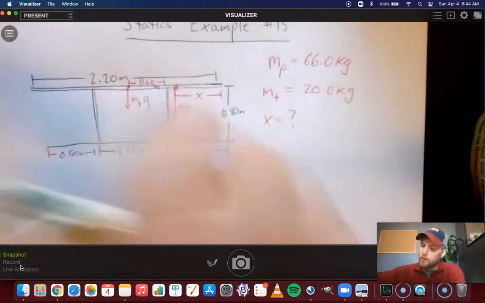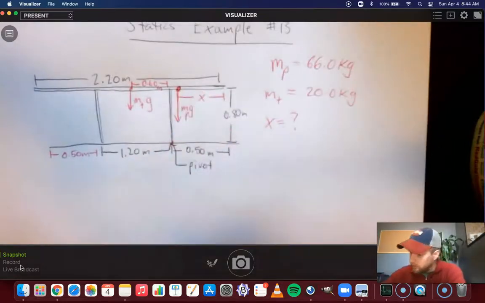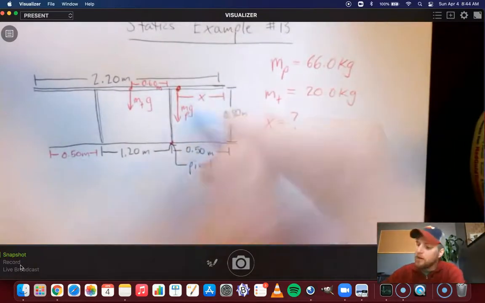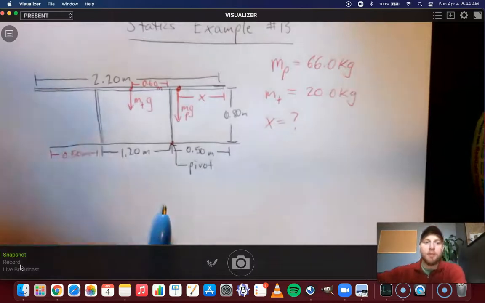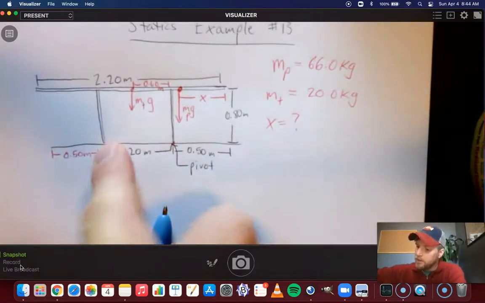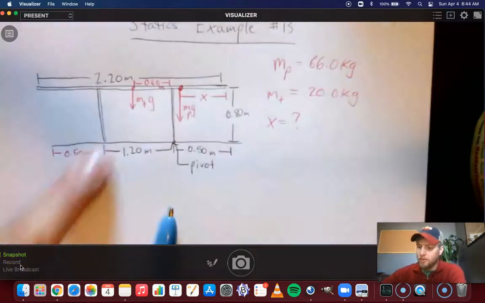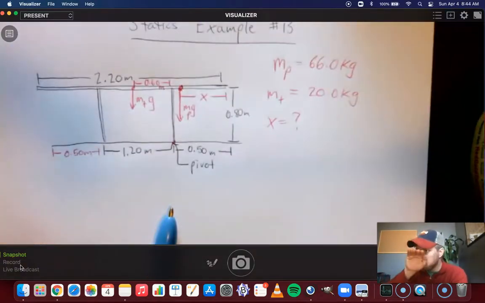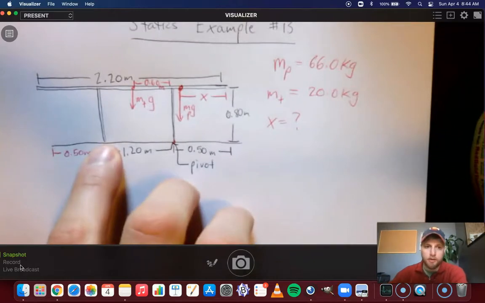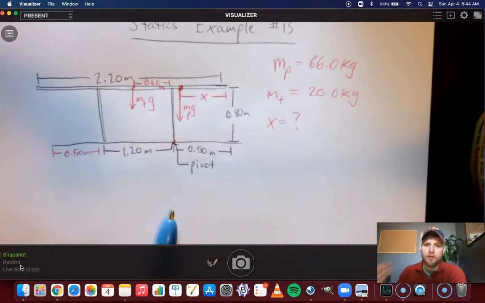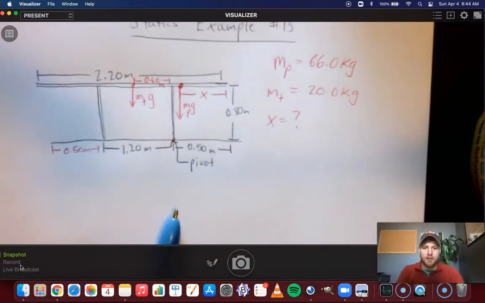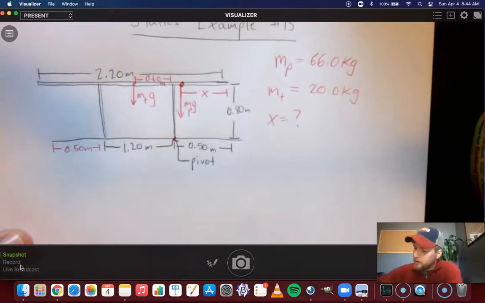Now, what we're assuming is that this person is sat at a location, distance x, such that the table is just about to tip. So there's going to be no normal force here because this table leg is just hovering right above the ground. It's just about to fall over, just like if you push something with static friction, it's just about to move. Same concept.